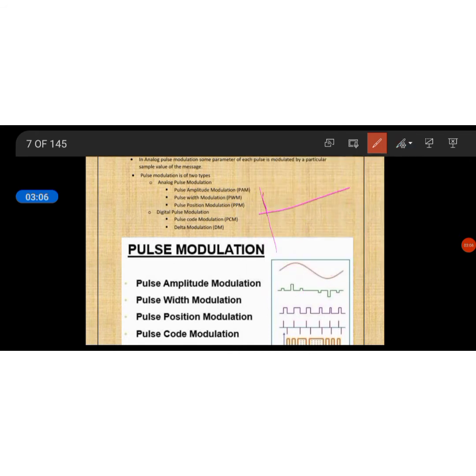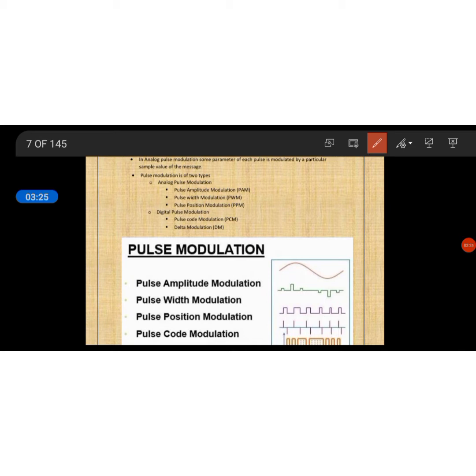That means information is low frequency, carrier is high frequency. Both are continuous. In the same way, we are defining pulse modulation.